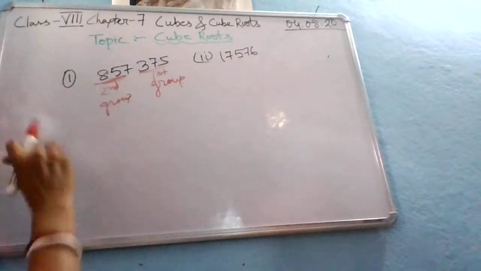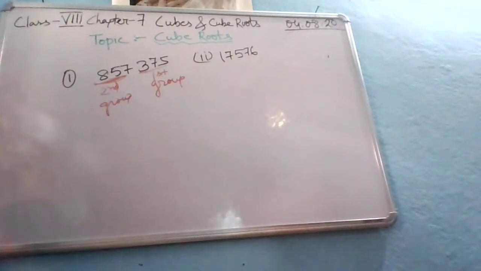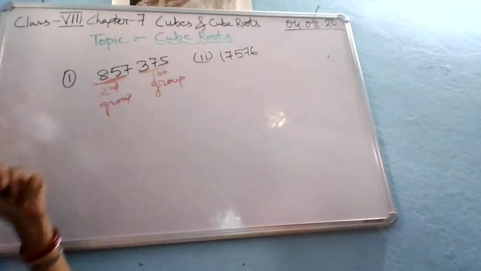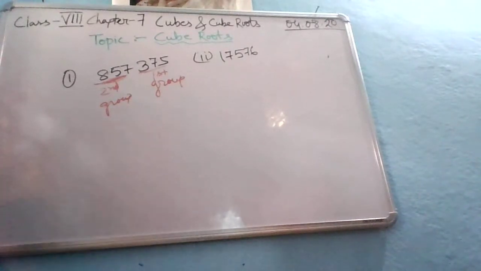Now I have got 2 groups of numbers, and how can we say what the cube root of this will be? We have to say it from the groups of numbers. Let's see. When a cube ends with 5, what is the unit place of its root? Without thinking anymore we can say it will be only 5.